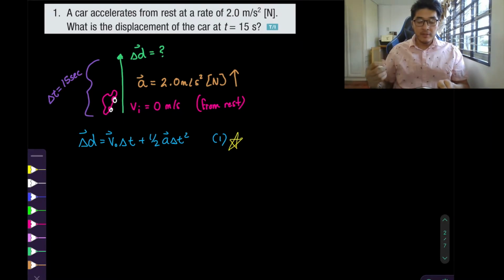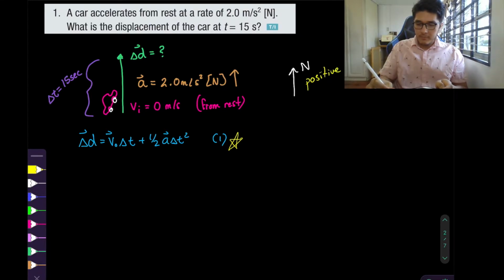Now, because we are dealing with vector quantities, you have to consider the directions of the vectors carefully. So let's assume the north is going to be our positive direction. So this is going to help us out because when we're putting in the values, our displacement was pointing up, so that's positive delta d.